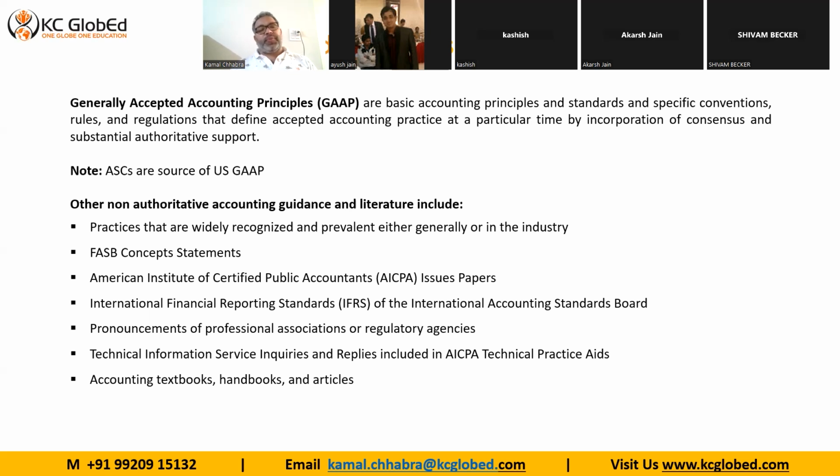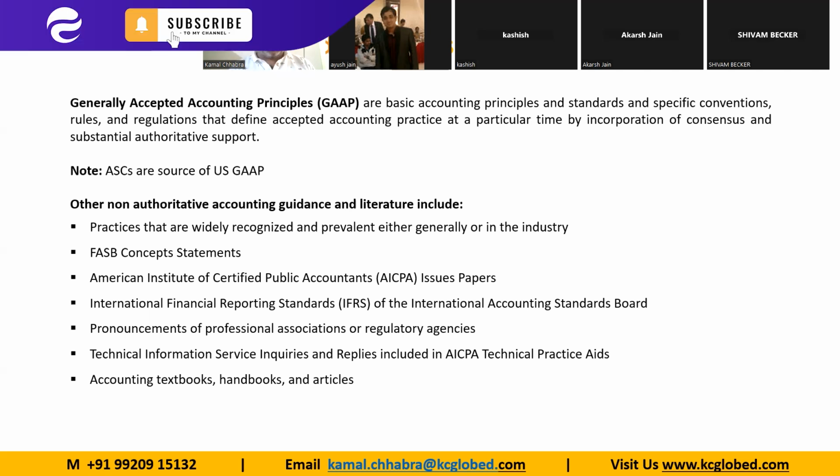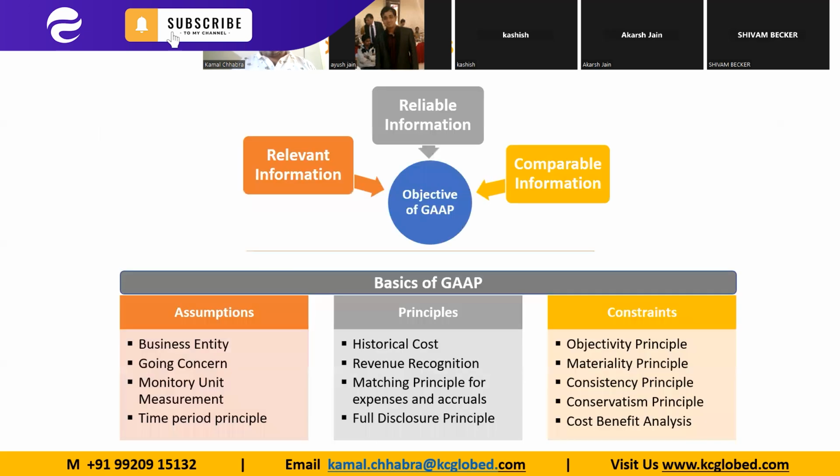Pronouncements from professional associations like the CPA, a recognized association, right? Technical informative service inquiries and replies, including CPA technical practice aids, are also resources, along with accounting textbooks, handbooks and articles, right?